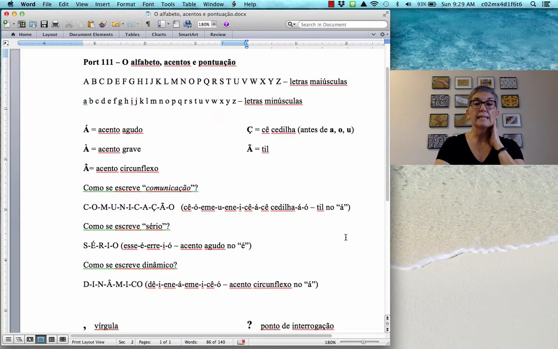So the accent mark on top of the letters, you are going to say the letters, how you spell the word, and then you are going to say where the accent mark goes, okay? Então, til no A. So on the A, okay? If you have two A's, so you have to say if it's the first or the second, okay? Então, til no primeiro A, til no segundo A.